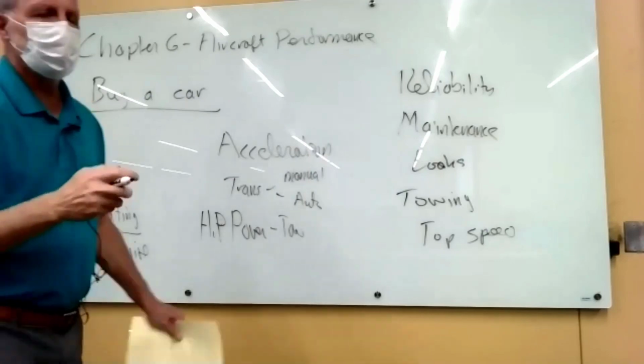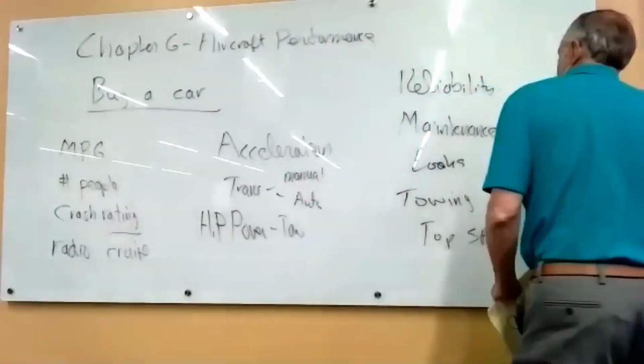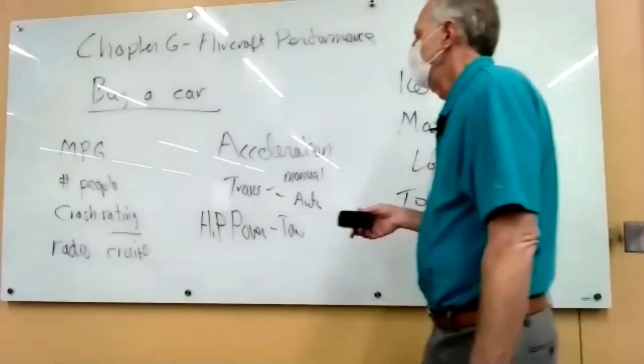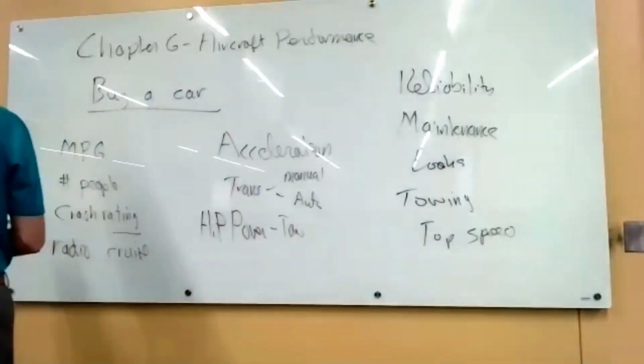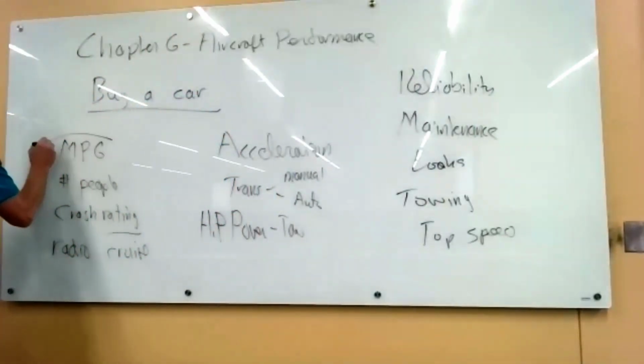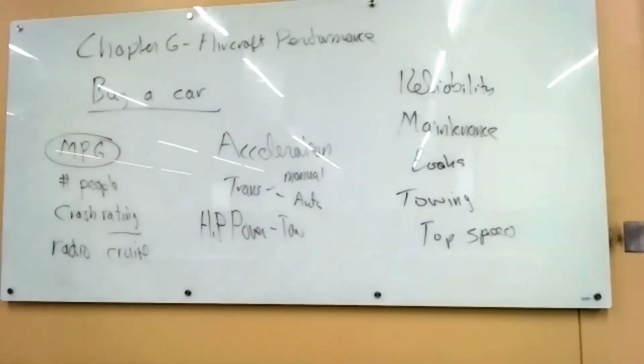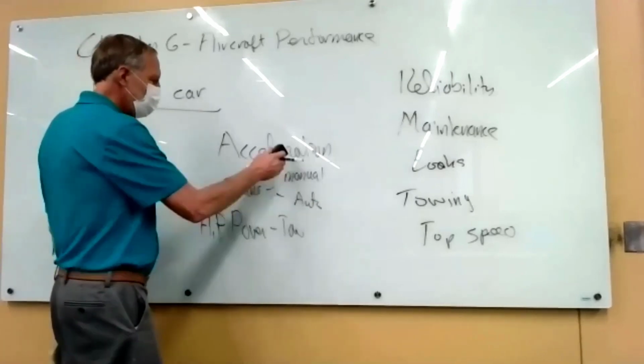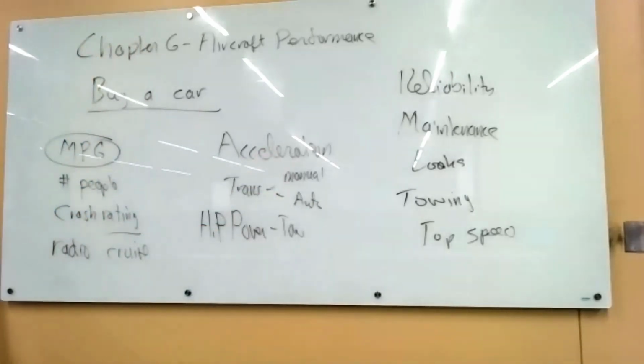So on airplanes, we're talking about performance. We want to know what its range and endurance is. How far can it go on a tank of gas? How long can it last? With regard to acceleration and power, we want to know how fast it can climb. It will accelerate down a runway, but that's not what you do most of the time.